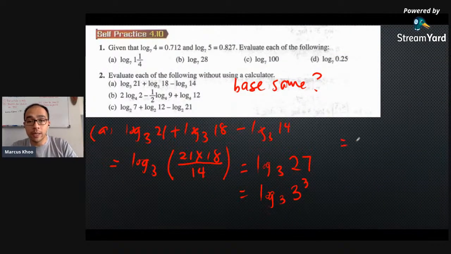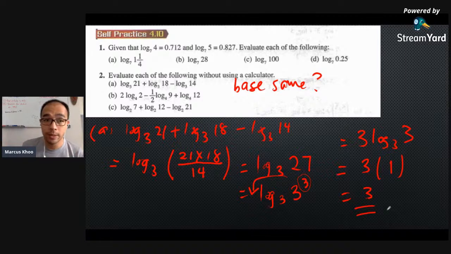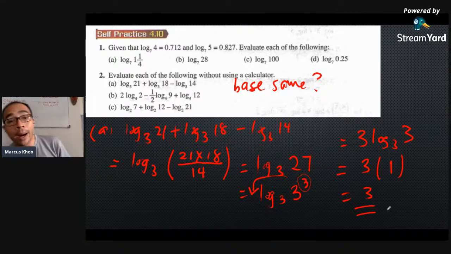So this will give me 3 log 3 of 3. This power, saya bawa pergi depan. Okay. Log 3 of 3. Same number, same base. Same number, same base is 1. So 3 times 1 equals to 3. And that's how you do it. Okay, we combine all the log laws together to get this.